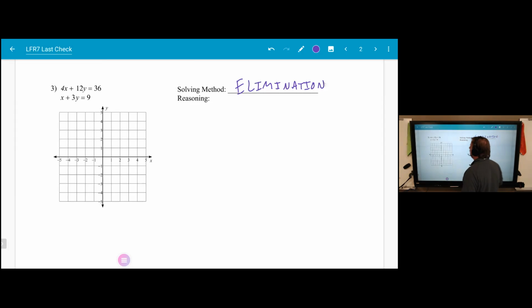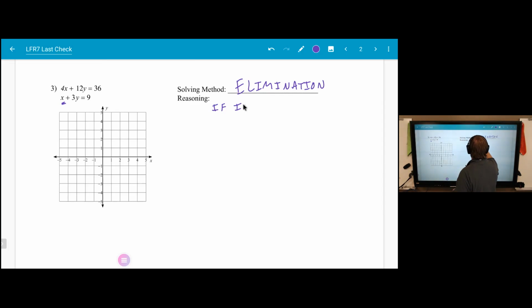Could you do substitution? Yeah, because I could take this second equation and solve for x very efficiently. But the reason that I have picked elimination in this one is because I see right away that if I multiply or divide the equation, if I modify the equation, I can efficiently eliminate a variable.